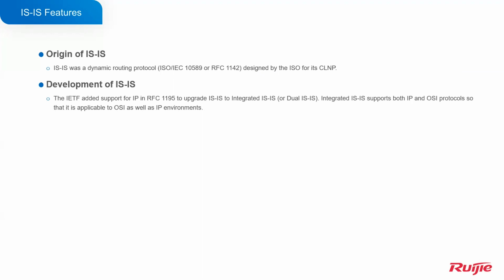For the development of ISIS, because we also want to use this protocol in TCP/IP, the IETF modified ISIS to make it integrated ISIS. So now we can use ISIS in the OSI reference model and also the TCP/IP environment. This is a basic one.